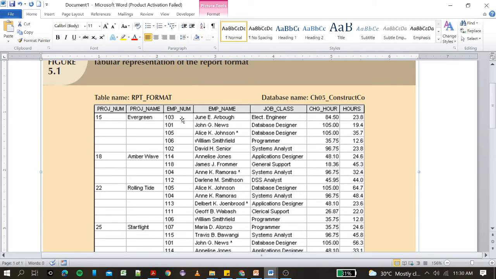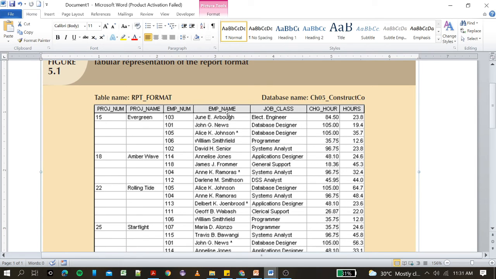So, ang isipin natin, we have the primary key employee number. Ano? And ito yung magiging determinant attribute. And we have here employee name and the job class as the dependent attribute.